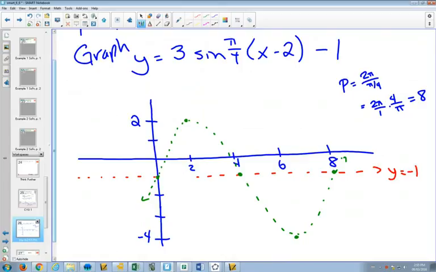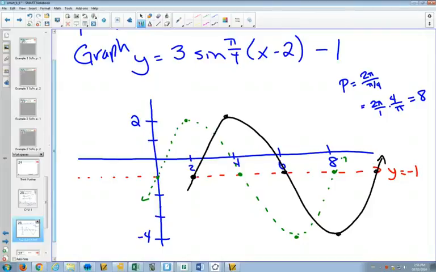Finally, we need to move this one 2 to the right. So this point will go here. And there we have our graph.